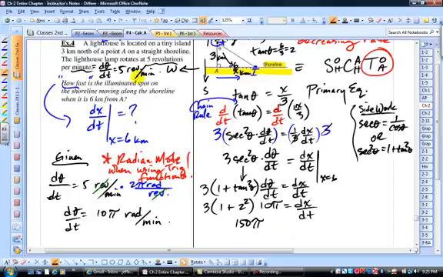Not per second, but per minute, because how fast the lighthouse is rotating is per minute here. So I've got kilometers per minute.